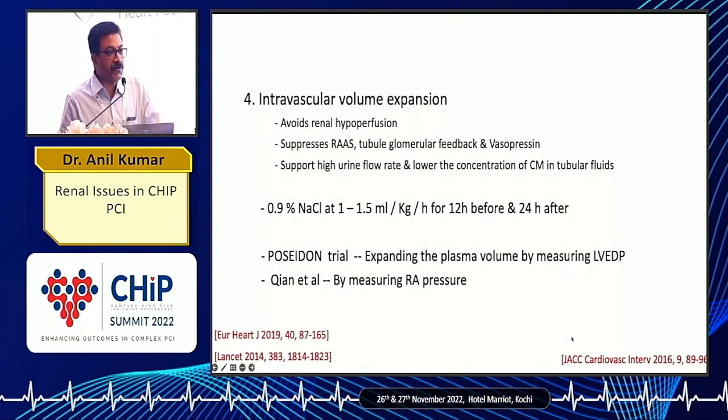The current European guidelines recommend hydration with 0.9% sodium chloride at 1 to 1.5 ml per kilogram per hour for 12 hours before and 24 hours after. These recommendations are really basic, and the POSEIDON trial demonstrated that expanding the plasma volume guided by measuring LVEDP gives better results, and Qian et al. suggested RA pressure to monitor the plasma volume.